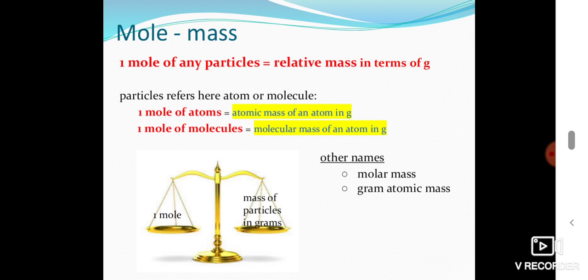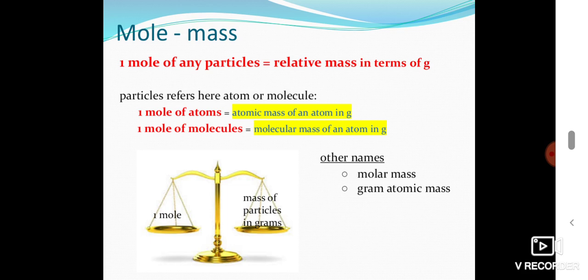So what is the molecular mass? It is the sum of the atomic masses of all the atoms present in a molecule. So the total mass is known as the molecular mass. We express the molecular mass in grams, that is, the grams of substance present in 1 mole of molecules.